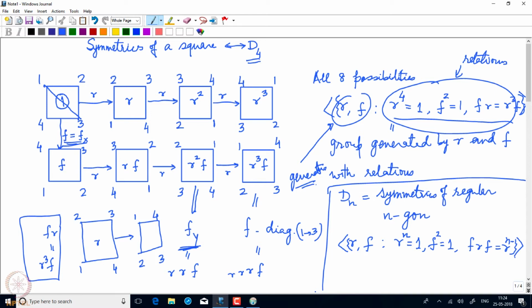So in general, it's a very difficult problem to make a guess about what the group is going to be just by looking at generators and relations. Nevertheless, it's quite important in the theory of groups to understand what are relations in a group, and it's always desirable to find the maximal set of relations.